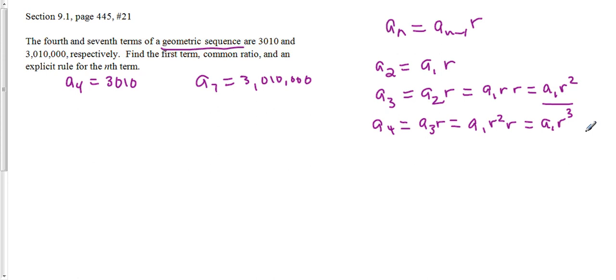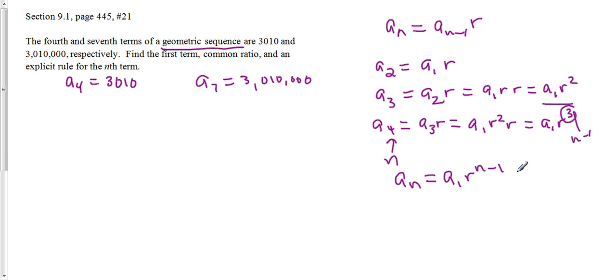Now you should see a pattern developing here. If this 4 is our n value, then our exponent turns out to be n minus 1. So really, we can write a general term which says an is equal to a1 times r to the n minus 1, where a1 is the first term and r is the common ratio.